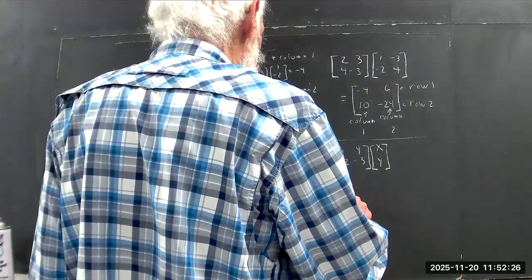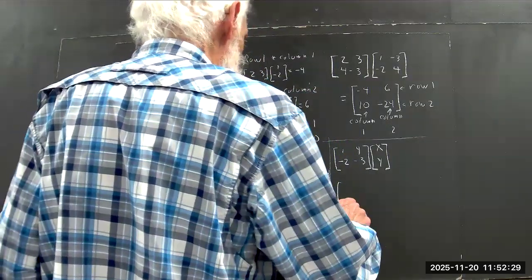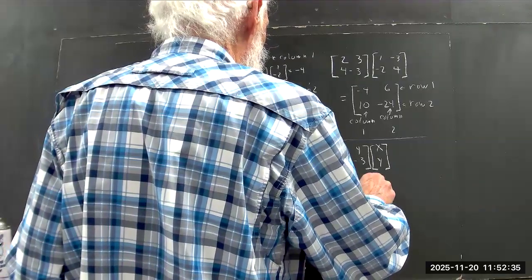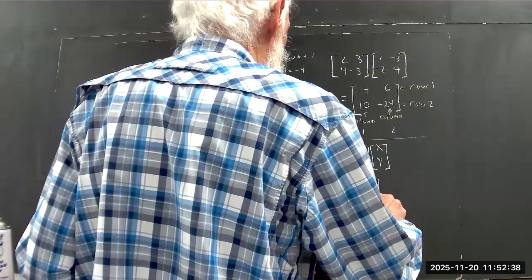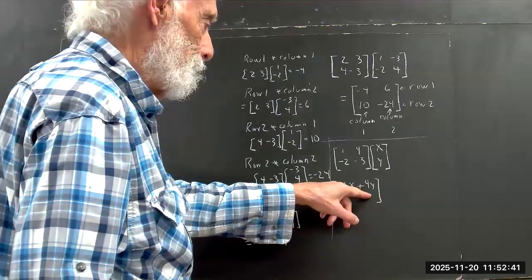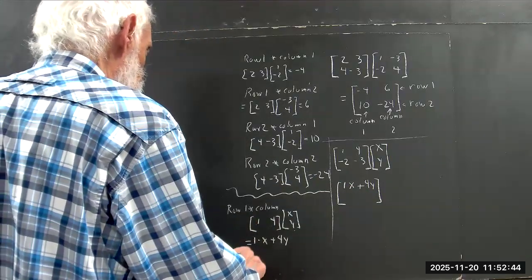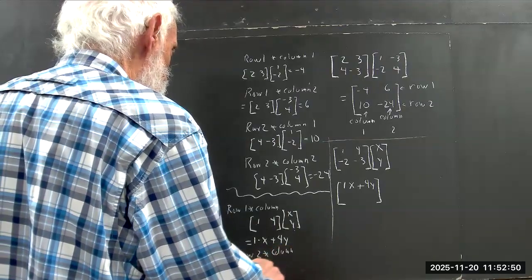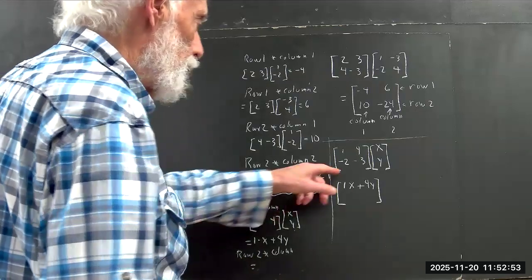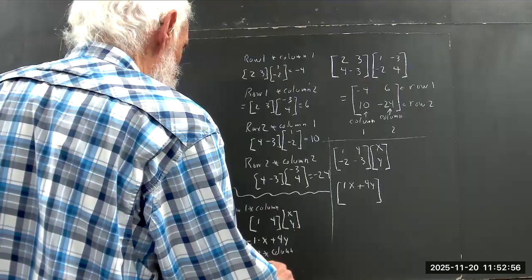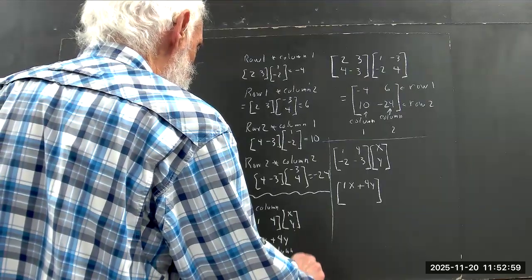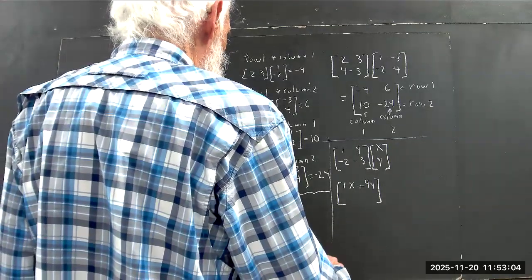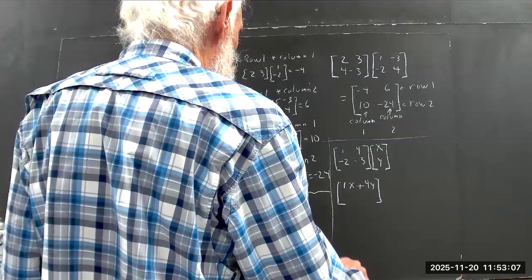So this becomes, well, that's first row times the column. Then row 2 equals -2, -3, multiplied by the column x, y, which is -2x minus 3y.